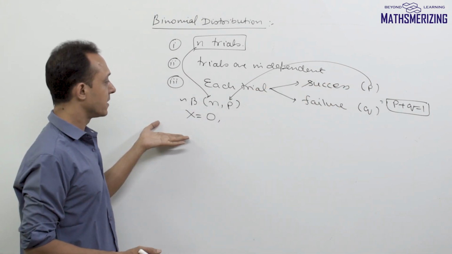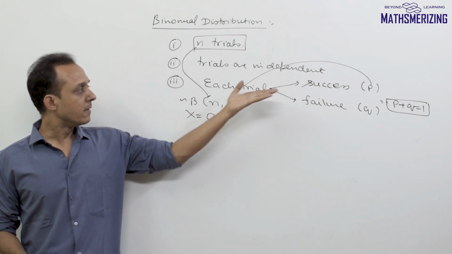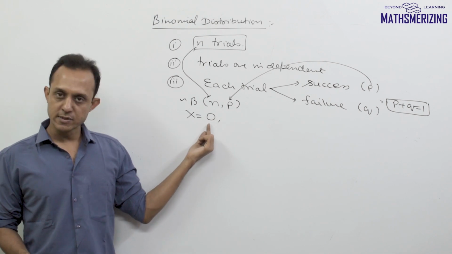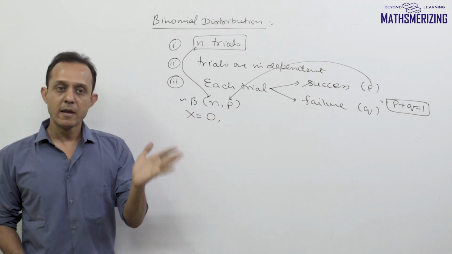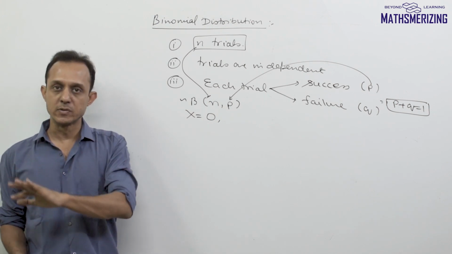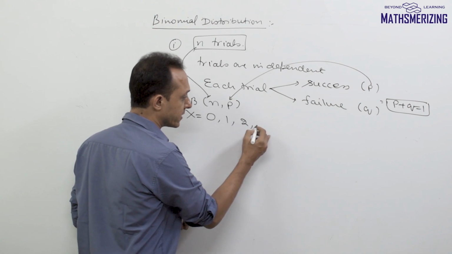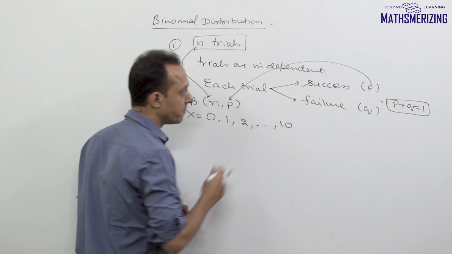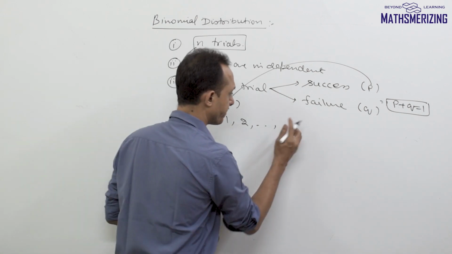Out of these 10 times, I do not get heads even once. So it results in all failures, which is 0 successes. Or maybe I get heads once and the remaining 9 times it results in tails. In that case, it'll be only 1 success, or it could be 2 successes, or at maximum it can result in 10 successes, that is, n successes.